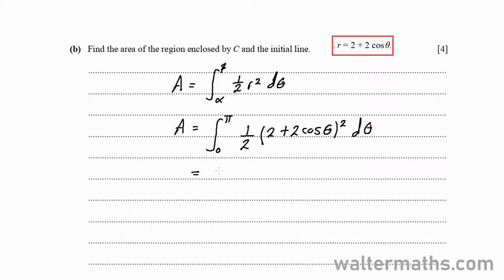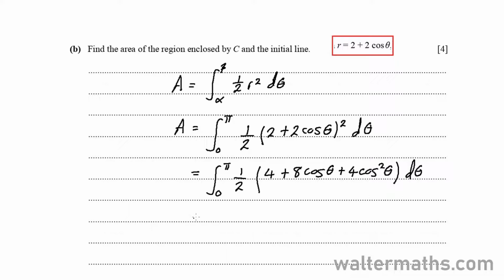So we can simplify this. So it's the integral from 0 to pi of half, and for 2 plus 2 cos theta squared, we get 4 plus 8 cos theta plus 4 cos squared theta, and that's with respect to theta.